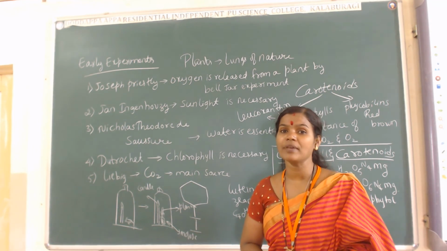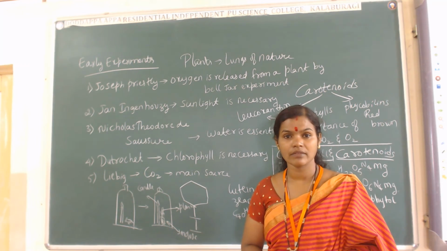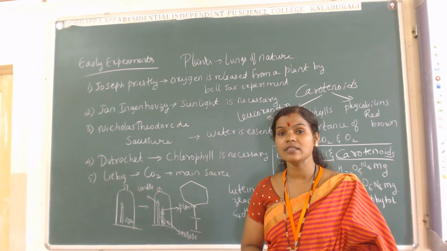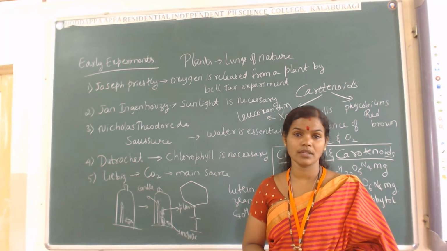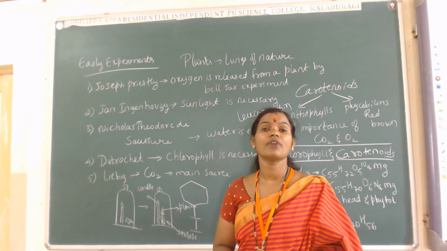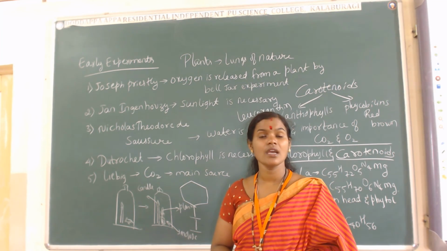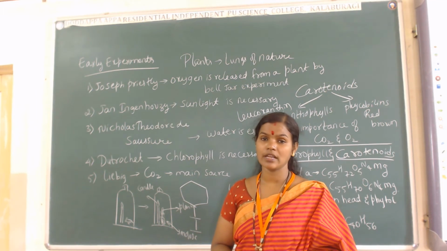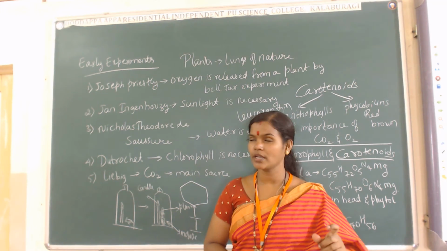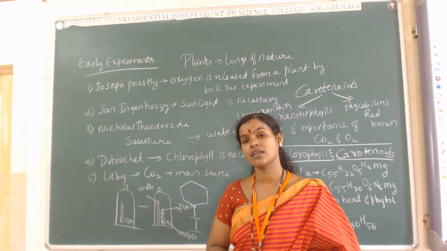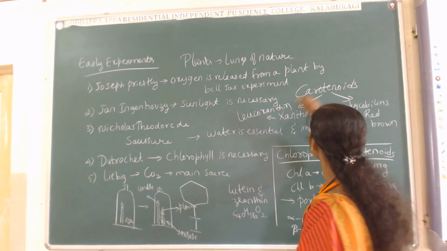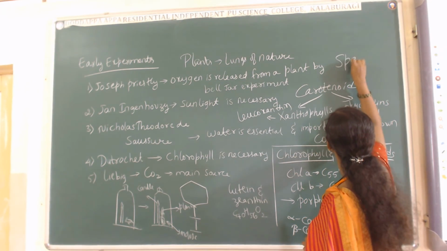So chlorophyll pigment is the green color pigment which is present inside the leaves, and this chlorophyll is the main source for the process of photosynthesis, and it is having the wavelength range right from 680 to 720 nanometer. And the measurement of the chlorophyll pigment, students, is a very important point. In the previous class I have told you, the measurement of the chlorophyll pigment is done by the instrument called as spectrophotometer.